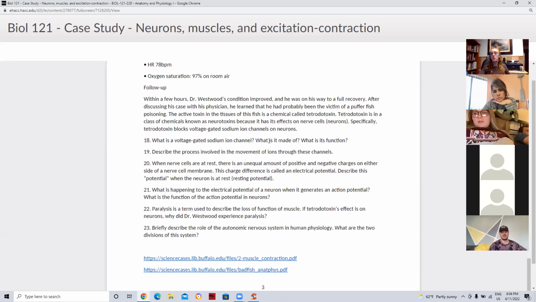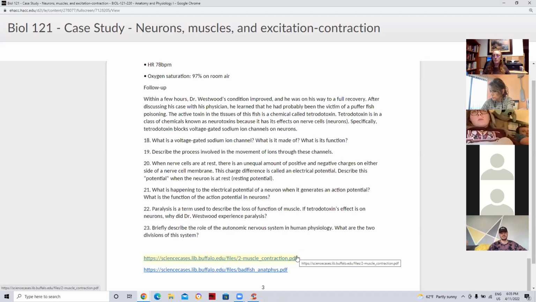What is it made of? Well, what are most channels made of? Go and look in your textbook. They're usually made of hydrophobic residues. Describe the process by which they move through the channel. How do they move through the channel? Because you're moving through a channel, the channel is essentially your junction.